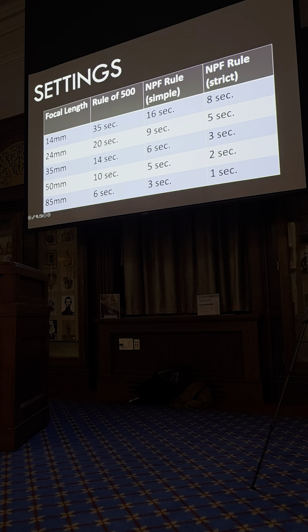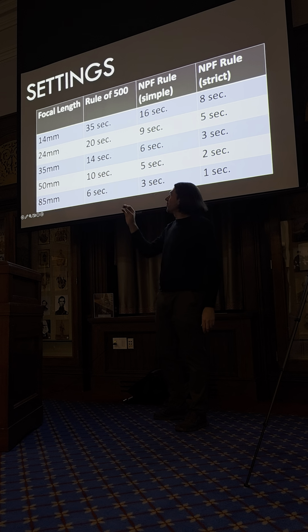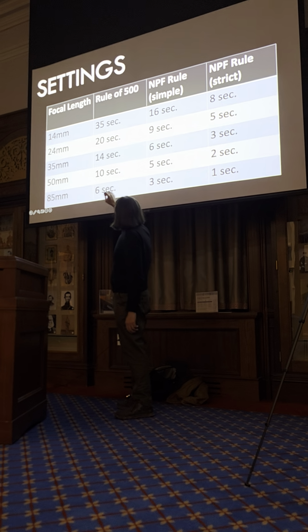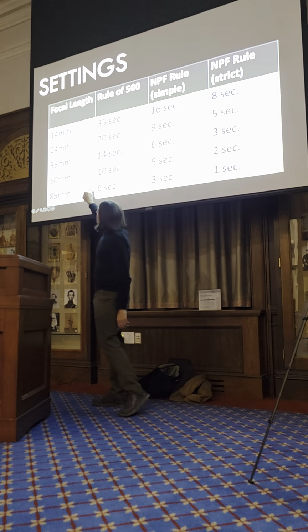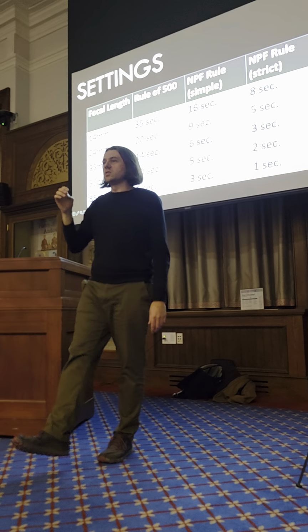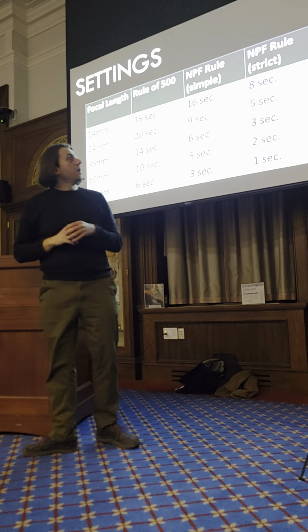The old rule of thumb was called the rule of 500, and the cool thing about it was it was easy to remember, because all you had to do was divide 500 by your focal length, and that gave you the shutter speed in seconds. So 500 divided by 50 gave you 10 seconds for the shutter speed.